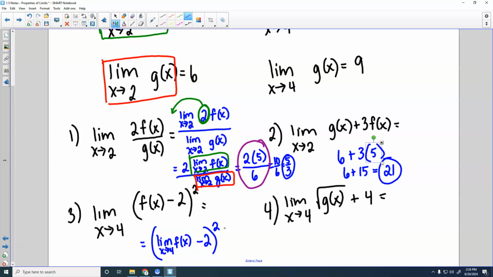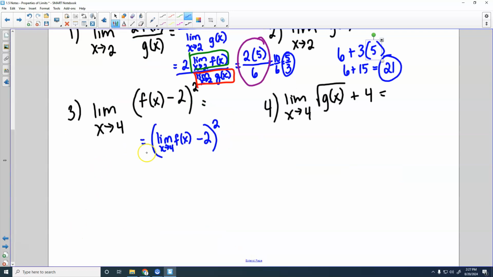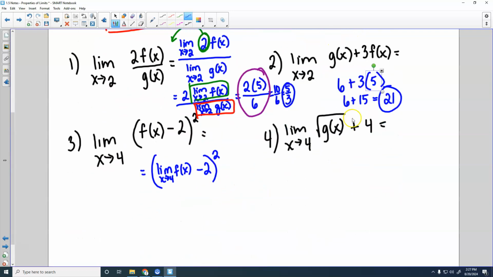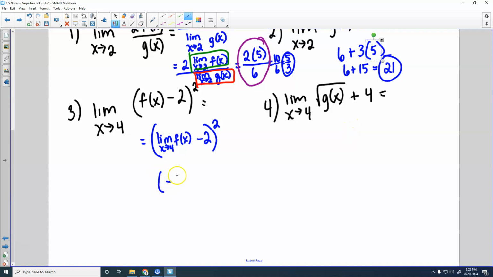I'm doing the limit of those two things separately. Should I have to write that out? I think right here. So that limit as x approaches 4 of f of x, they tell us up here it is -1. So that's going to be -1 minus 2 squared. That's -3 squared, which is 9. So 9 will be our answer for number 3.